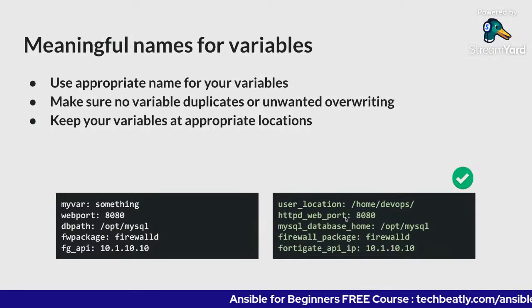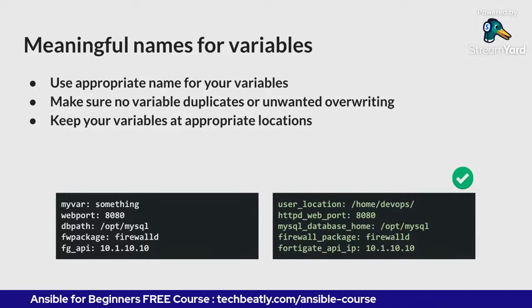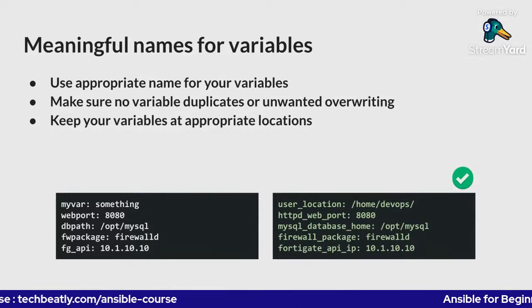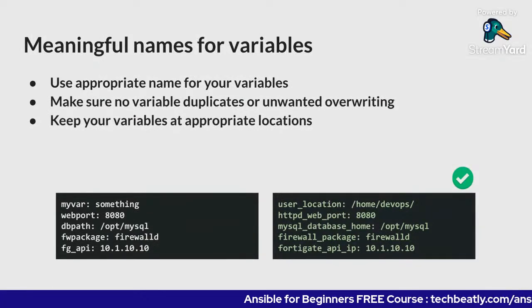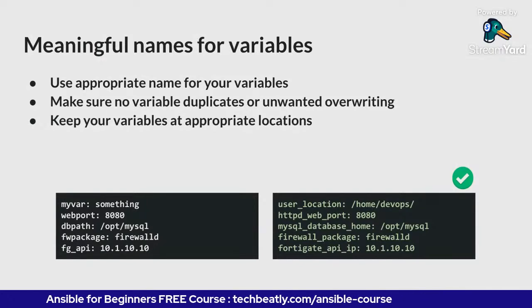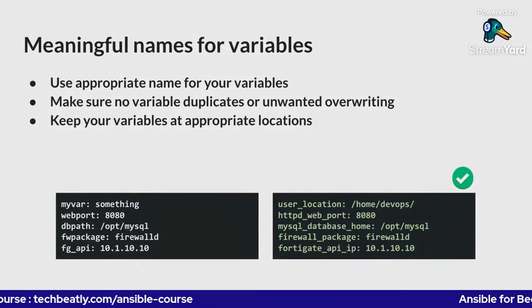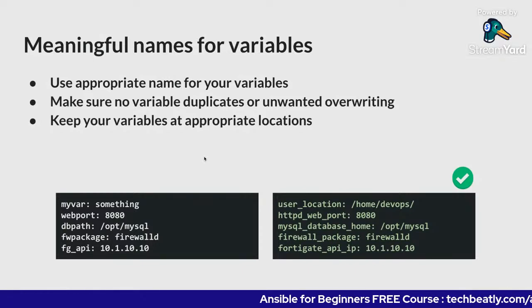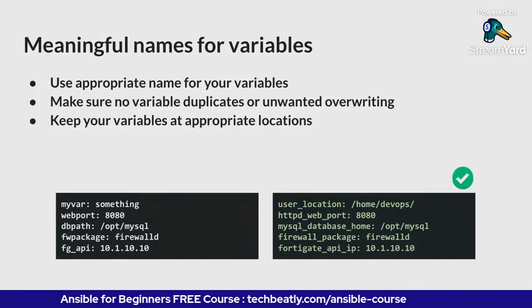When someone reads the playbook, or maybe you are adding some feature to the same playbook after 2 months, you will know, okay, this variable is used for a specific purpose. You don't need to refer back to documentation. So try to use proper, meaningful naming for your variables, and keep your variables at appropriate locations, because you can keep Ansible variables at more than 20 locations.